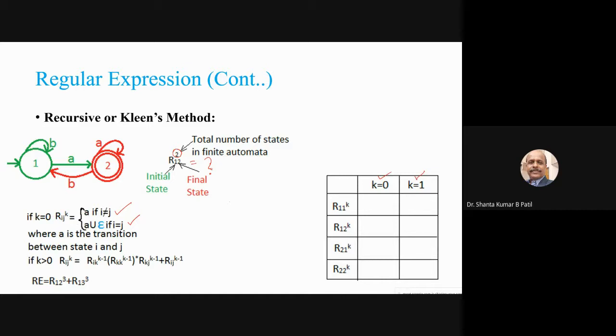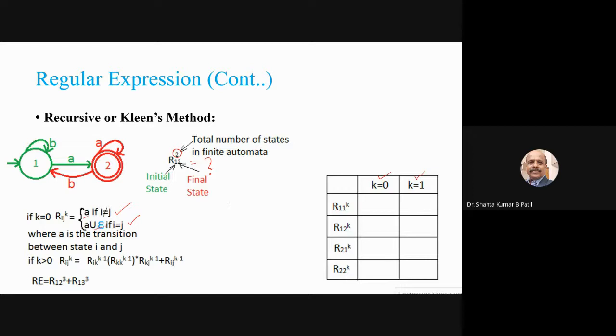When k is equal to 0, Rij power k is equal to a, where a is the transition symbol between the states i and j, if i is not equal to j. If i is equal to j, for example in the case of 1 1 and 2 2, then along with the transition between i and j, epsilon is going to come.